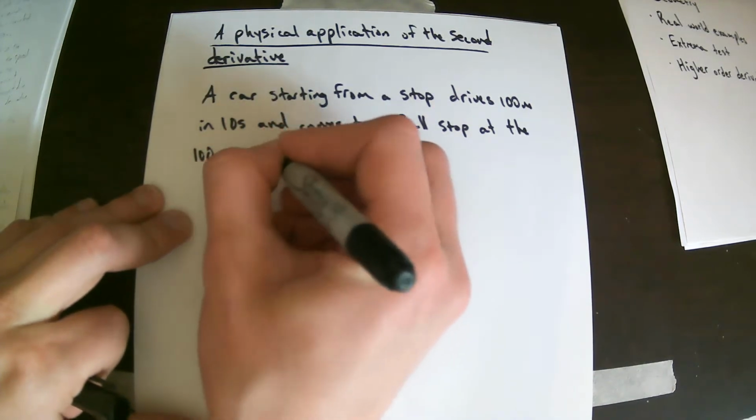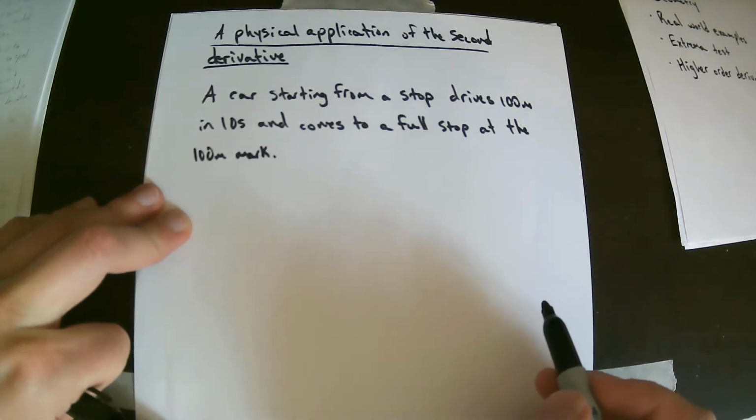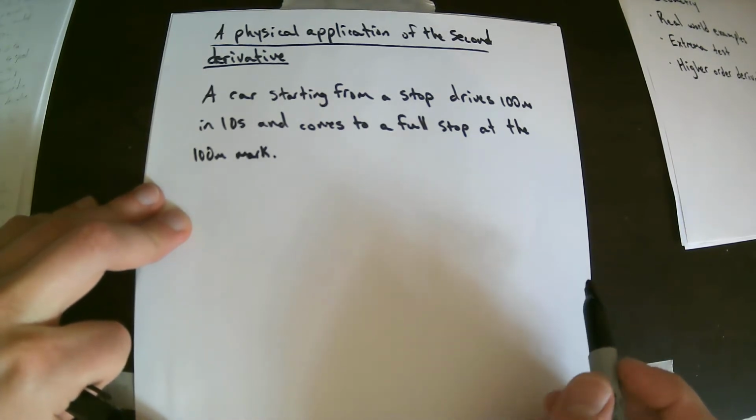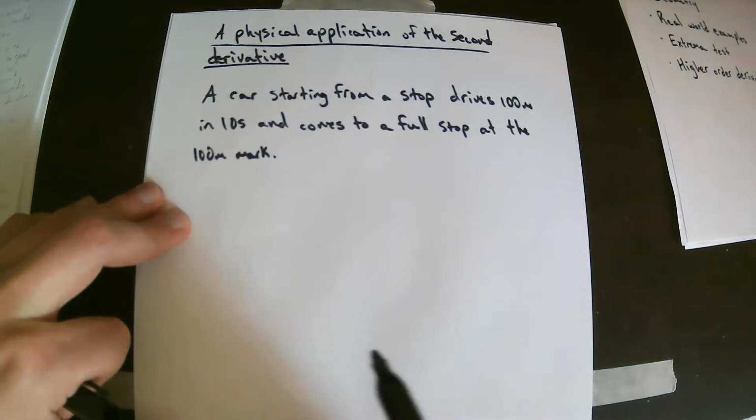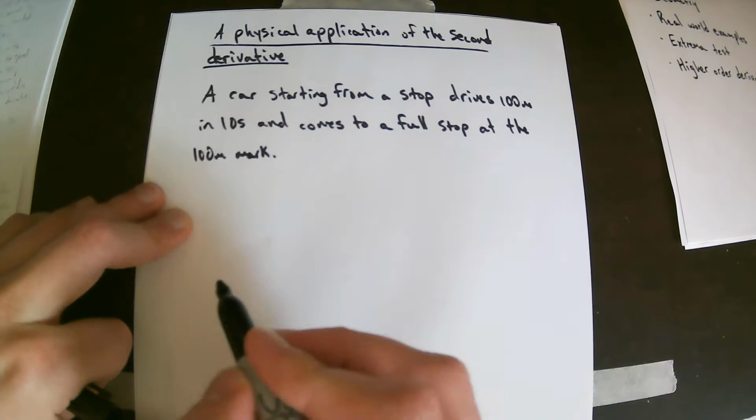If you ever look up physics applications of calculus, they're probably all going to be in SI units, not American units, meaning meters instead of feet and yards, and kilograms instead of pounds, etc.